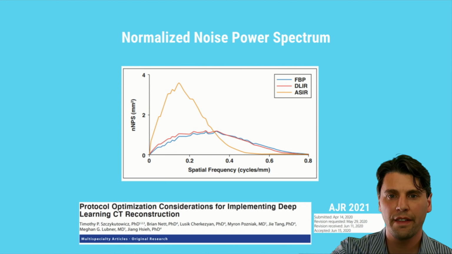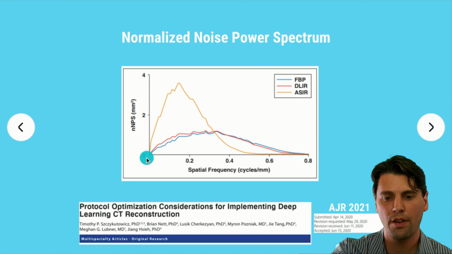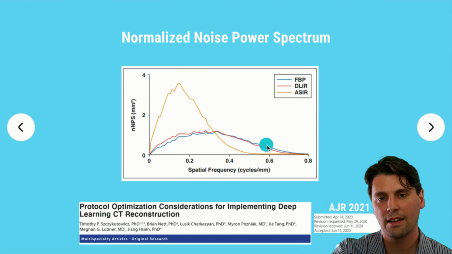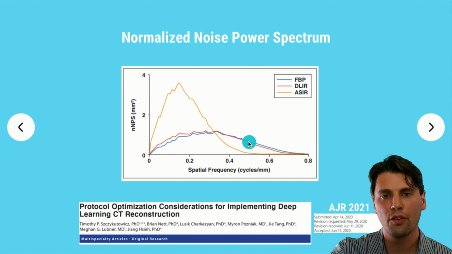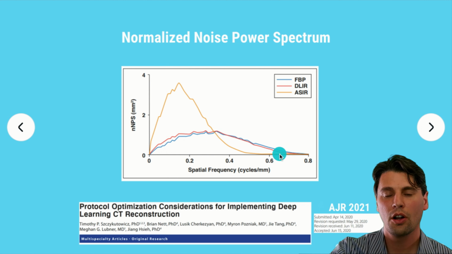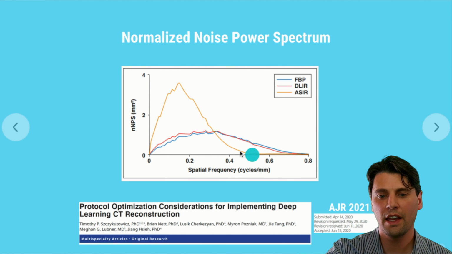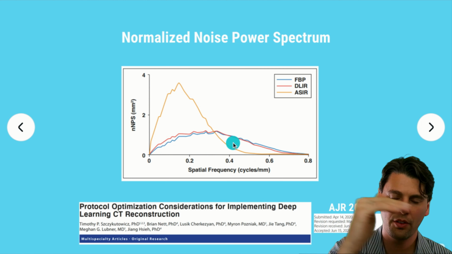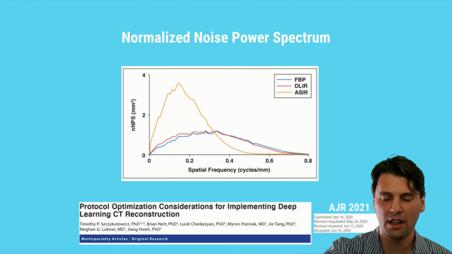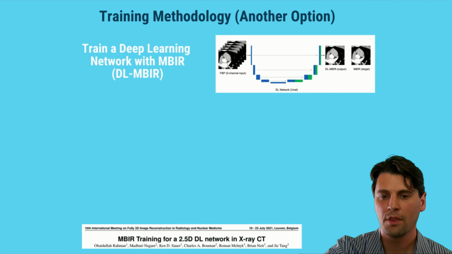So we've done that. Again, this was also published in that Stikotovich paper, and you can see that the filtered backprojection and the DLIR, the red and the blue curves here, are relatively close to one another, and the iterative reconstruction ends up pushing some of the noise power back, to the left, so more correlated noise in the images. That's demonstrated here in a more quantitative manner.